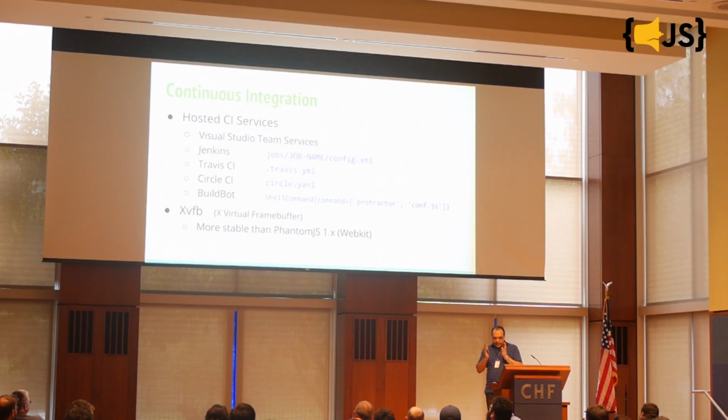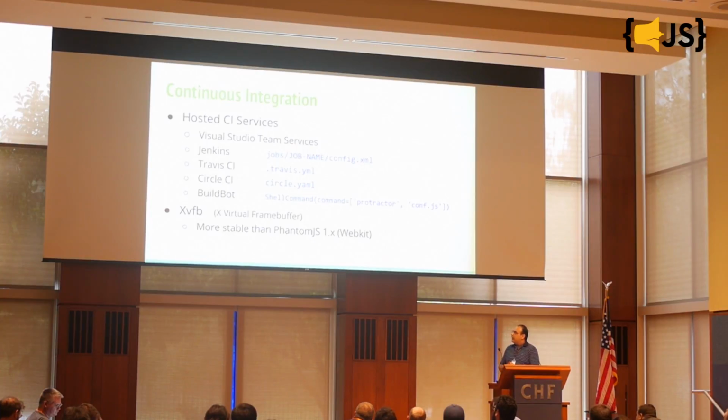It's driven entirely by shell scripts. So all you have to do is install Protractor on your machine within your build environment, and then write a shell command to run this in your build. If you're testing on a Unix-based environment and you want to use a headless browser, I would recommend using XVFB instead of Phantom.